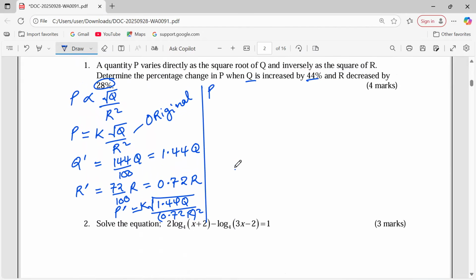New P shall be a constant multiplied by 1.2, because the square root of 1.44 is 1.2.